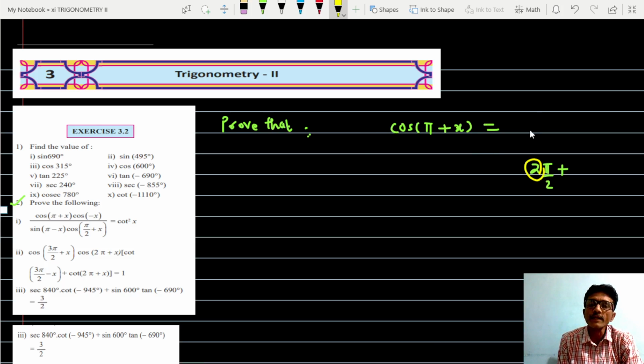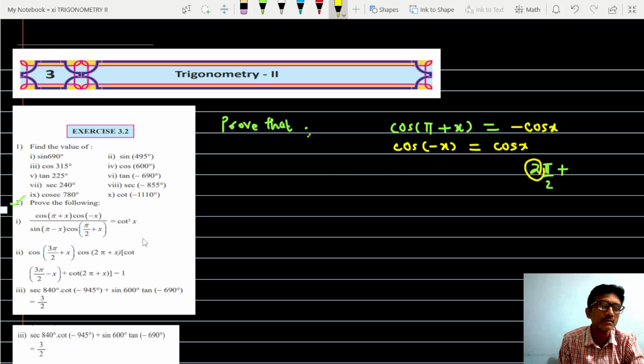So on the right hand side also cos x will come, and it is in the third quadrant, so it will be negative. Then cos of minus x: cos of minus theta is cos theta, it is an even function. So cos of minus x is equal to cos x, whereas sin of minus x is minus sin x.